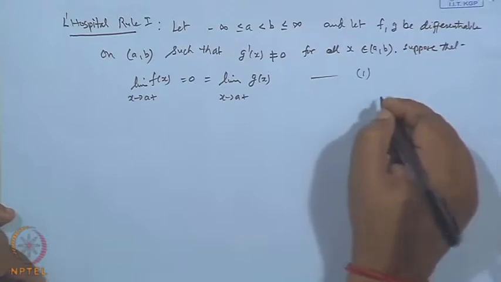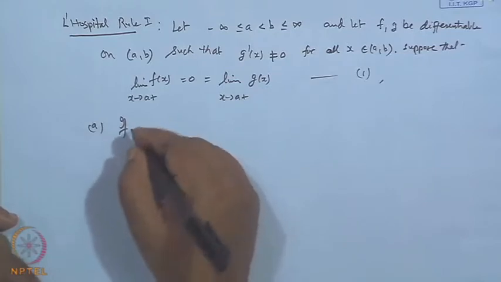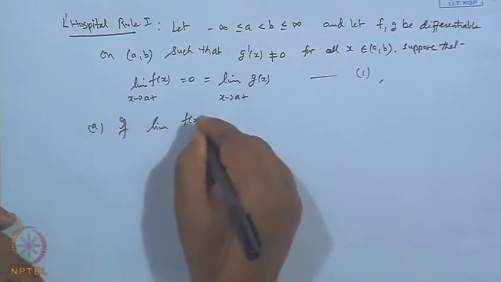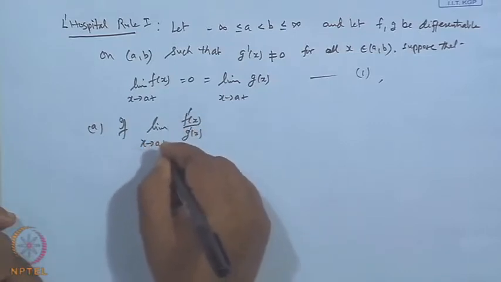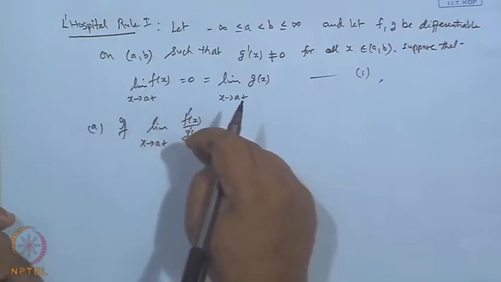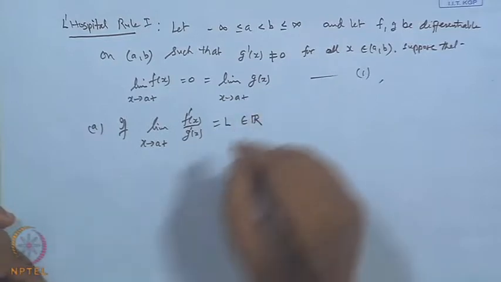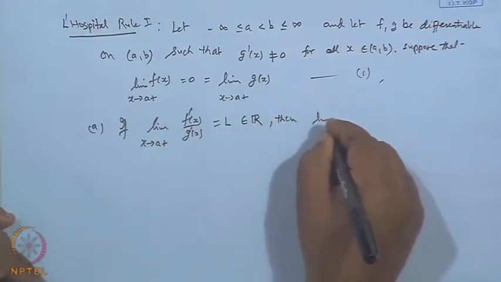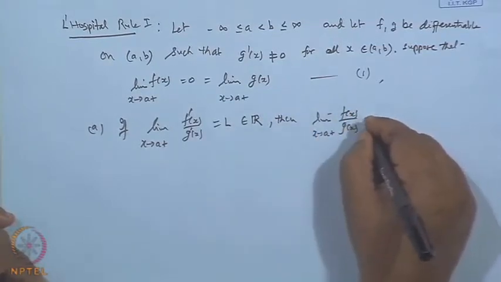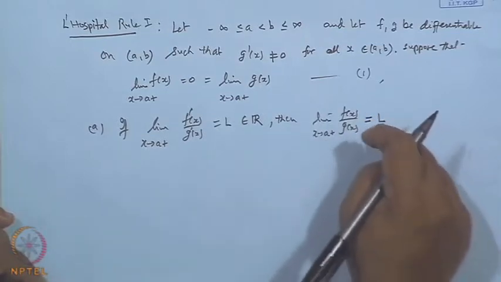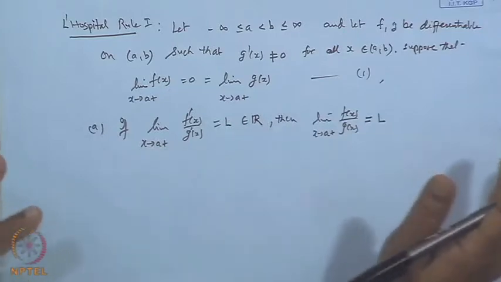Then the result says: if the limit of f'(x) over g'(x) when x tends to a plus, the limit of the ratio of their derivatives, exists and is a real number L, then the limit of f(x) by g(x) when x tends to a plus from the right hand side will also exist and will have the same value as the limit of f' over g'.